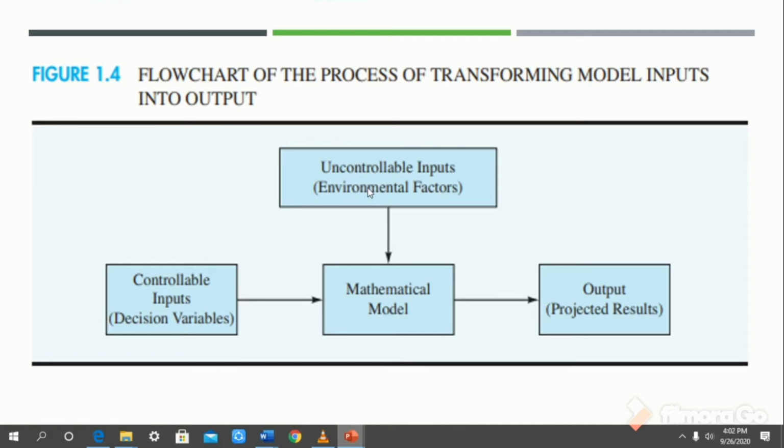And then 5 hours to consume for every unit, and 40 hours available, and your profit should be 10 pesos for every unit. Di na mo ma-control. Together with the controllable inputs, makahimo ka og mathematical model. And then from the mathematical model, makahimo ka og output, which is your projected result.